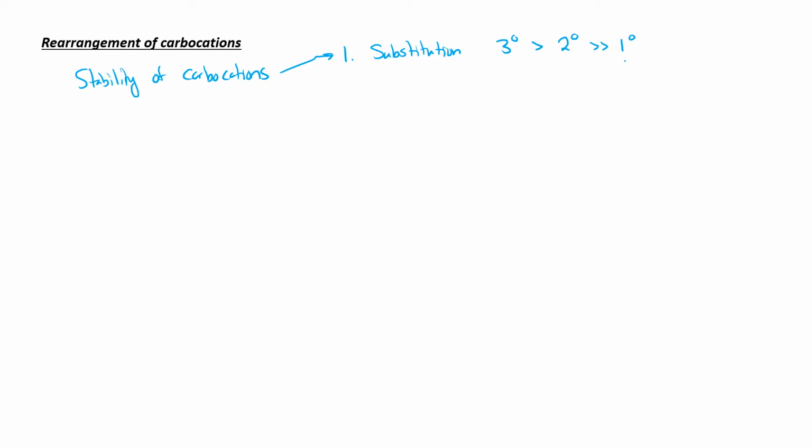Primary carbocations don't really exist, do not happen. And so tertiary carbocations are more stable and secondary carbocations are okay. The other thing that stabilizes a carbocation is resonance. We're going to focus mostly on substitution today because substitution is the one that gets affected most by rearrangement.